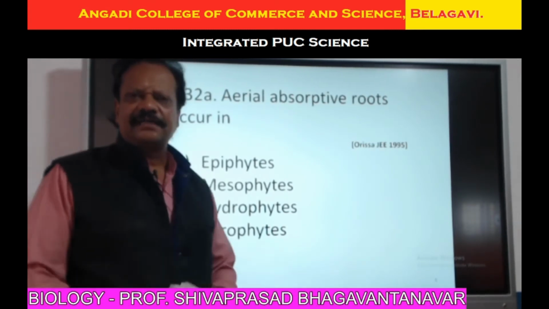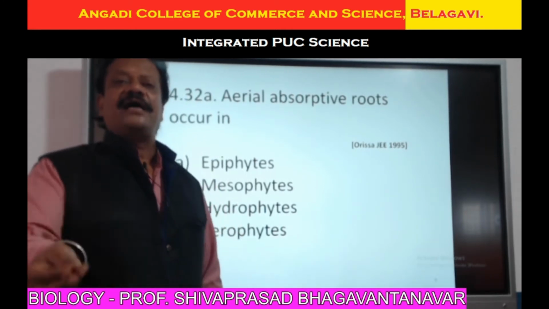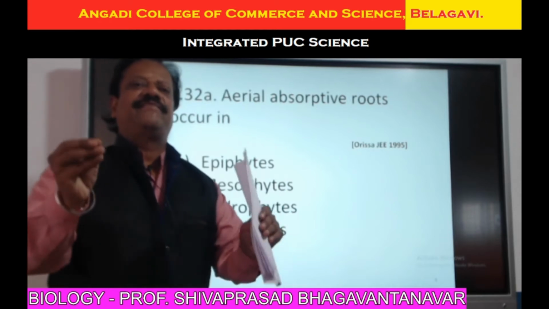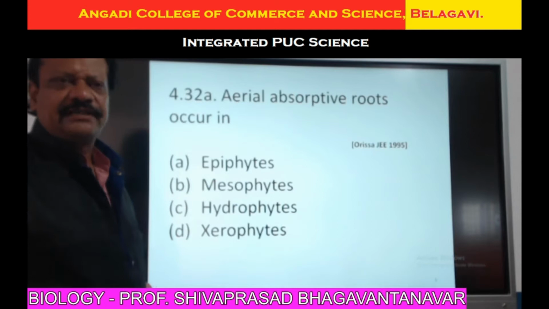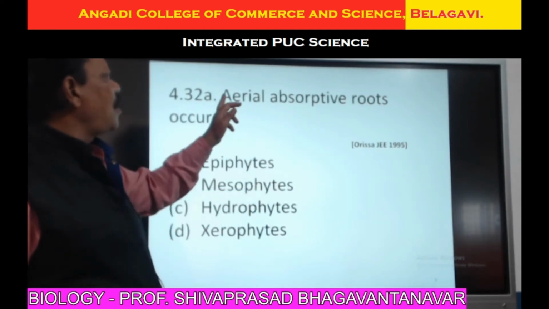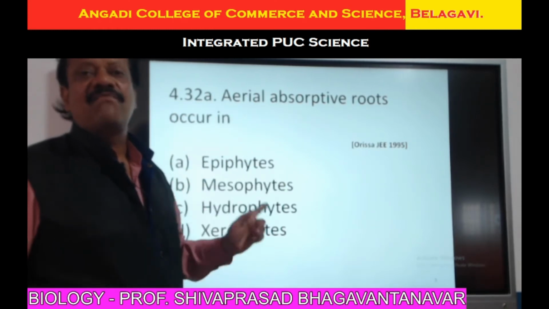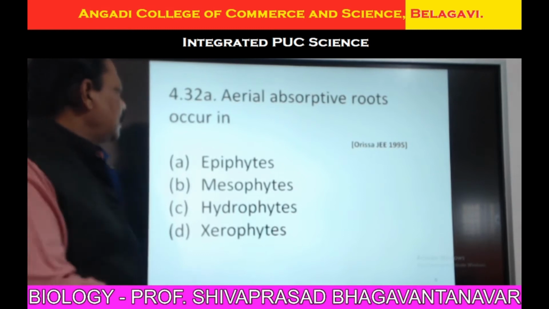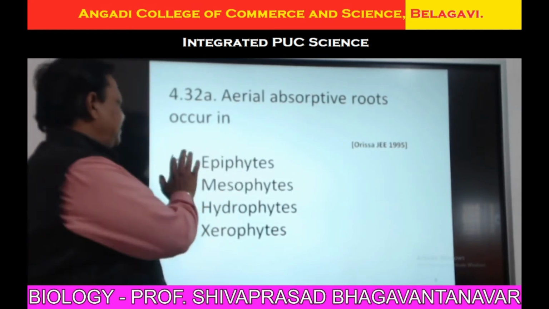Then xerophytes are the plants which are growing in the desertic conditions where the availability of water is very, very less. So out of four options, option A, epiphytes, is the correct answer for aerial absorptive roots. Here I have given an example of vanda. So the right answer is option A. We will go to the next slide.